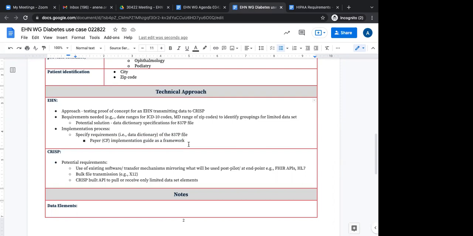Certainly a good question. In terms of developing this implementation guide, I really think it's more of indicating what the state is actually looking to receive and how that information is going to be shared back, like the purpose of this information.